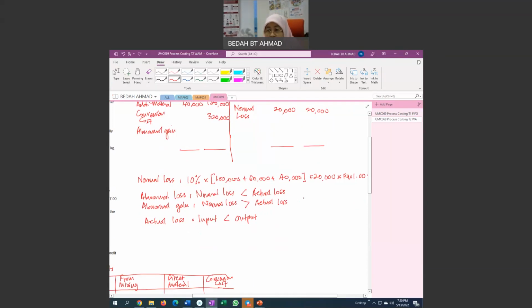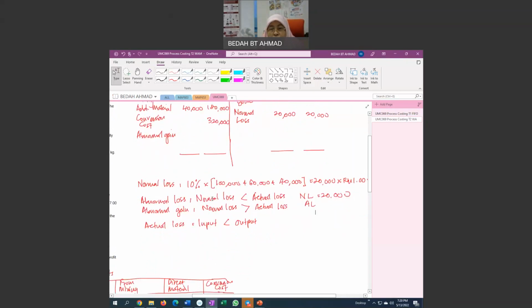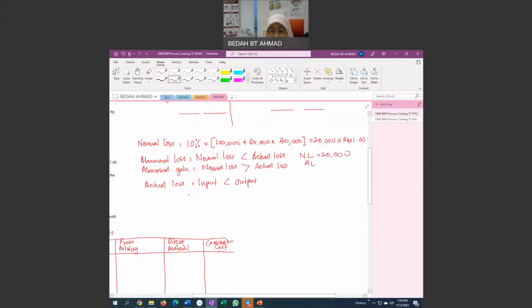So here it is 20,000. Normal loss is 20,000. Okay, now we need to determine the actual loss. The input here we can have from our process account. So we have OWIP, input from mixing, additional material.